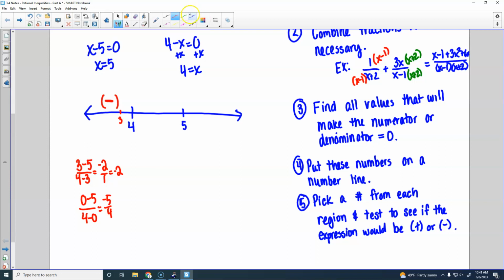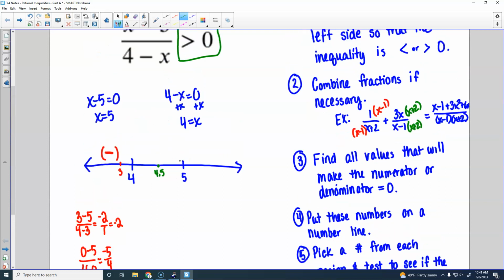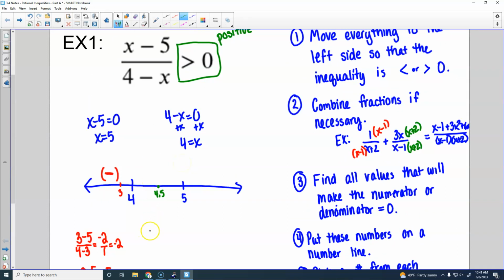So now we're going to move up here to between 4 and 5. We're going to pick a number to plug in. This one's not quite as friendly because there are no whole numbers between 4 and 5. So Monica, pick me a number to plug in here between 4 and 5. 4.5 is also probably what I would choose as well. You're going to plug it in to your inequality here. So 4.5 minus 5 over 4 minus 4.5.